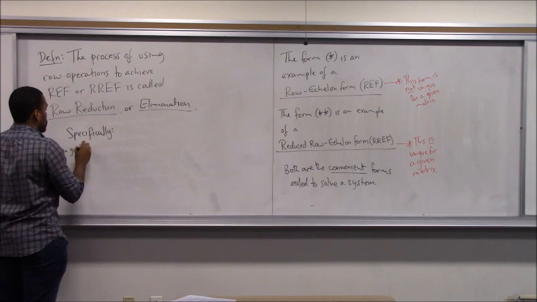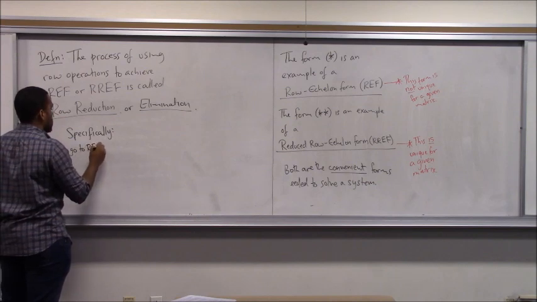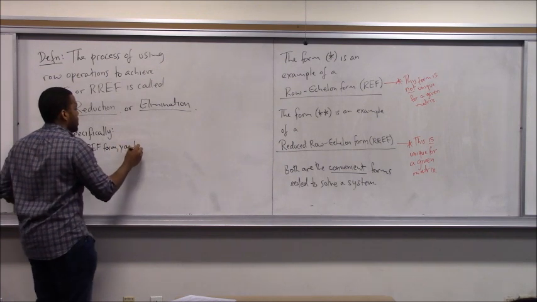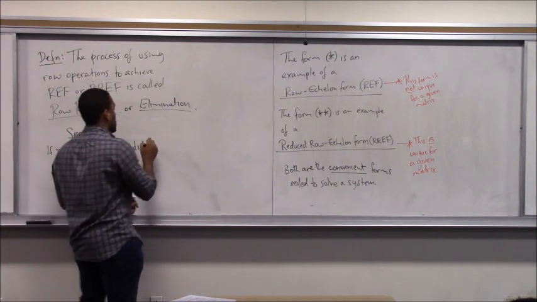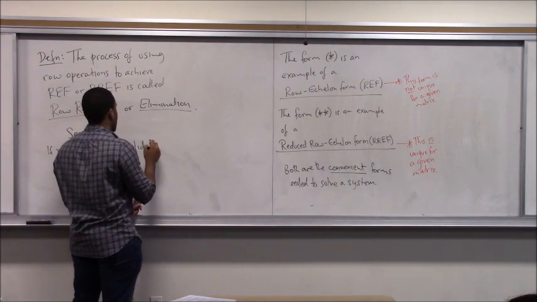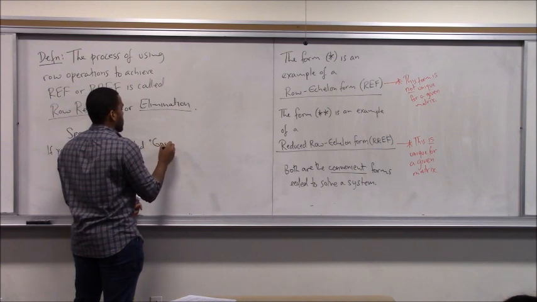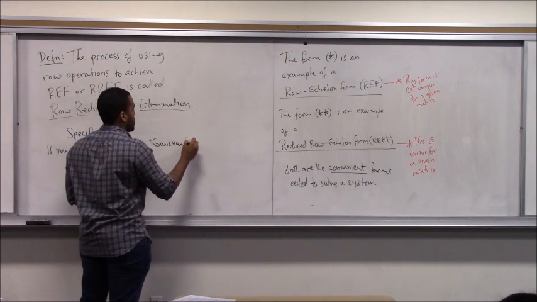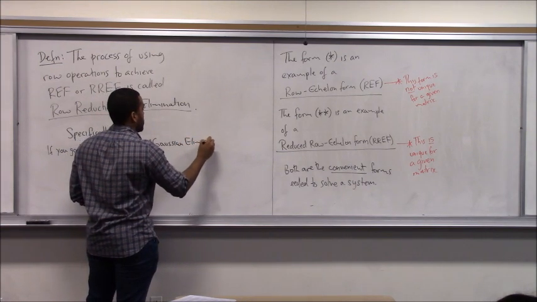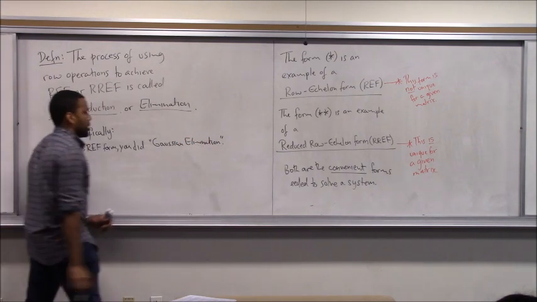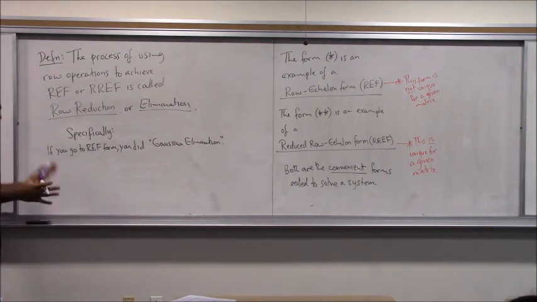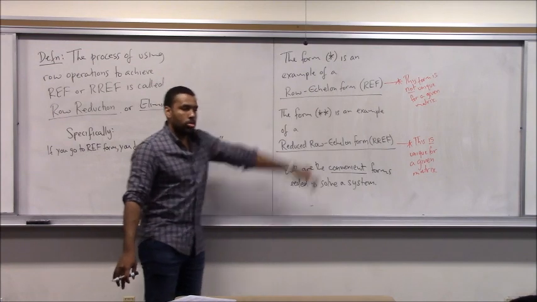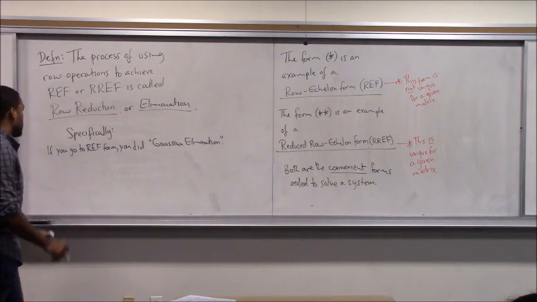If you go to the REF form, you did the process that's called Gaussian elimination. So if someone says, use Gaussian elimination to solve this system, it means you can stop at the row echelon form and then just plug in the answers.